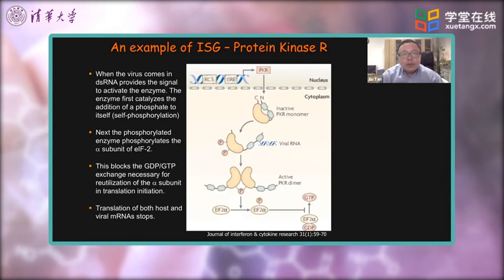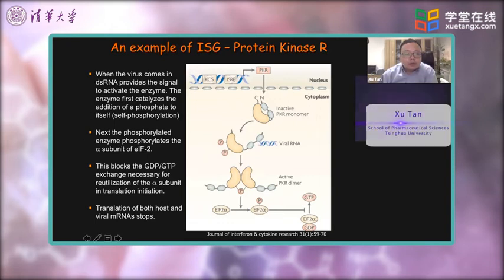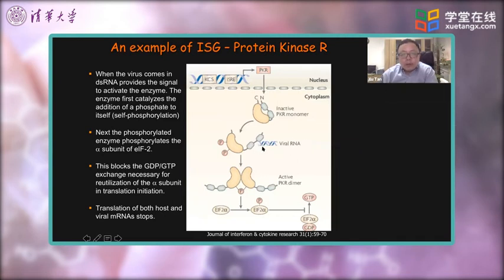I'll give you one example of the interferon-stimulated genes. This ISG is called protein kinase R, because it's dependent on RNA. Basically, it's an RNA-dependent protein kinase. This ISG is expressed when the cell senses interferons. When it is expressed, it first exists in an inactive monomer state.